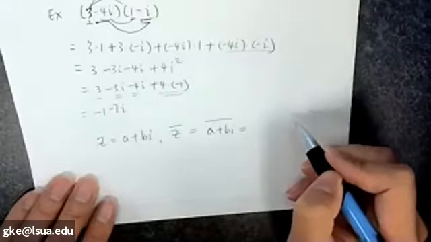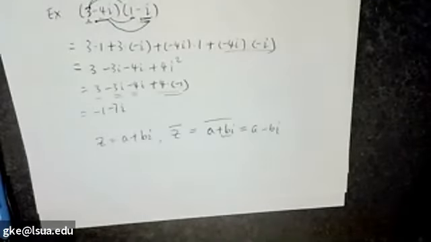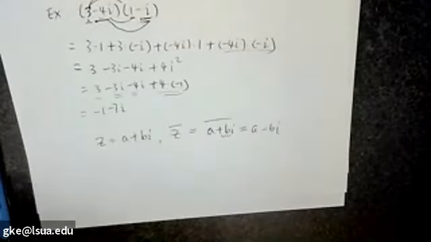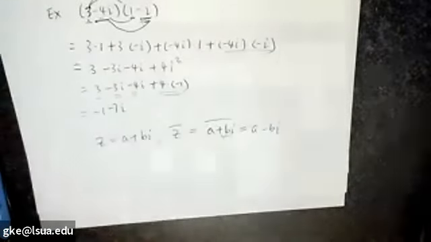Come on, guys, it's very simple. A minus bi. Just change the sign of the imaginary part. If b is positive, then negative. If b is negative, positive. That's it.